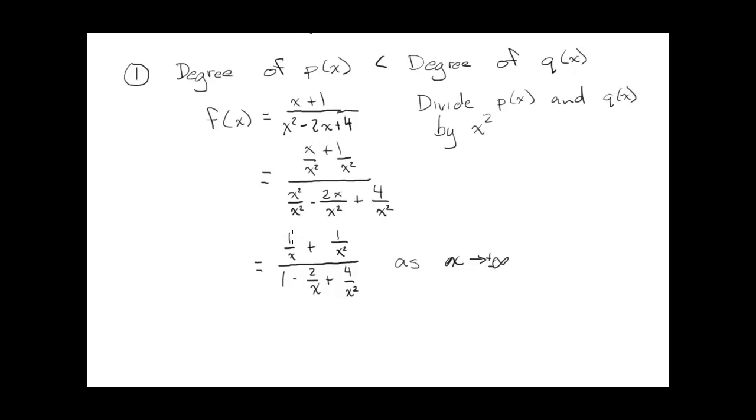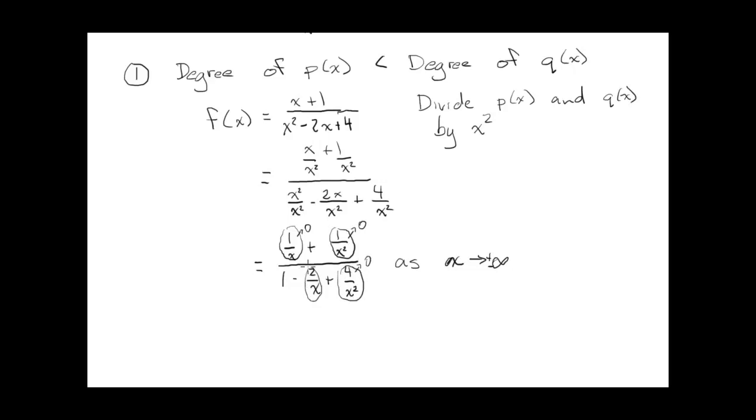So let's think about each term here. What's going to happen to this term? Well, that's a reciprocal function. We know that as x approaches infinity, a reciprocal function approaches 0, because the denominator is very big, and 1 over a very big number is close to 0. This term is going to approach 0. This term is going to approach 0.